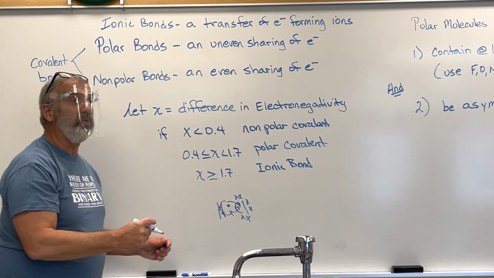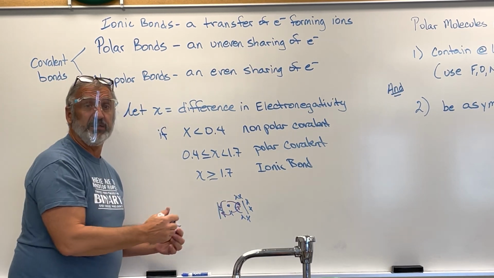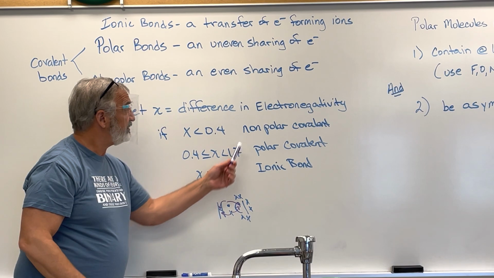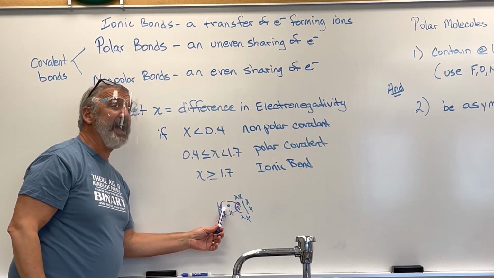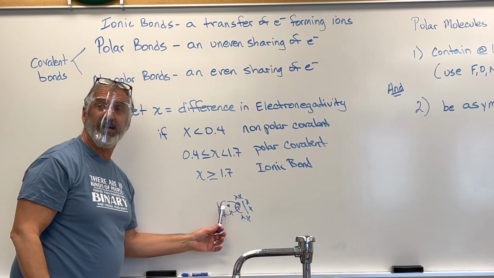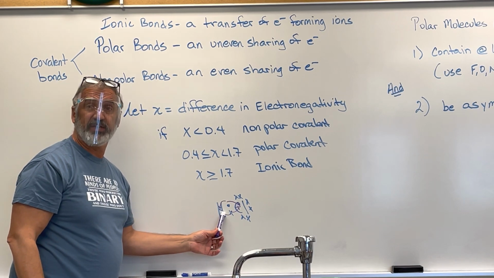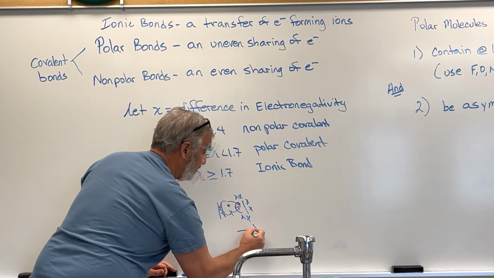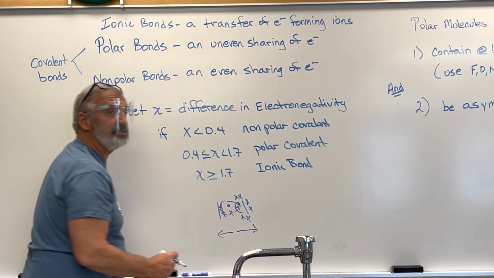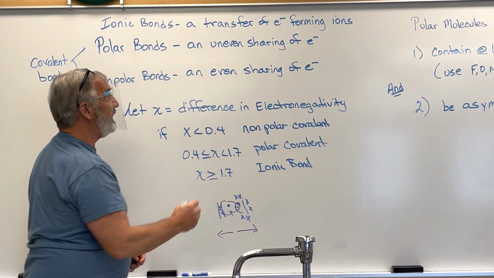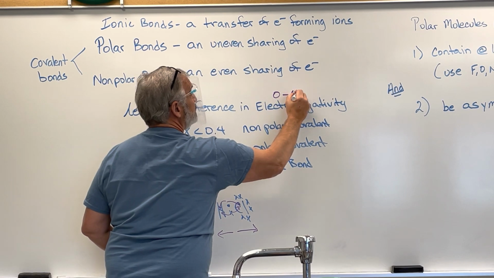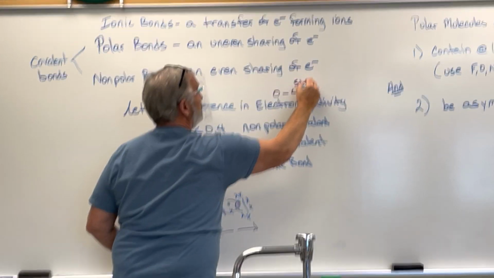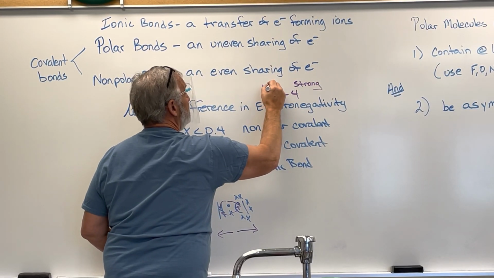So they're being pulled both ways by the two nuclei. The electronegativity is a measure of how strong of a pull they have for that shared pair of electrons. It's a tug of war. They're going this way and hydrogen's trying to pull it this way. It's a scale from 0 to 4, with 4 being strong, 0 being weak.